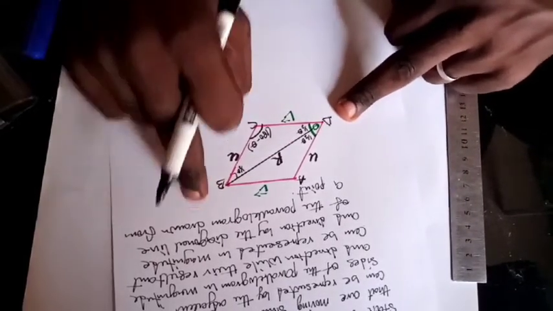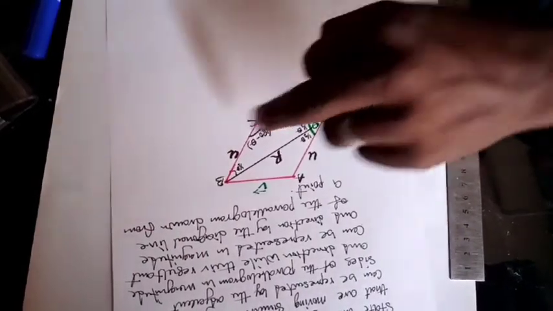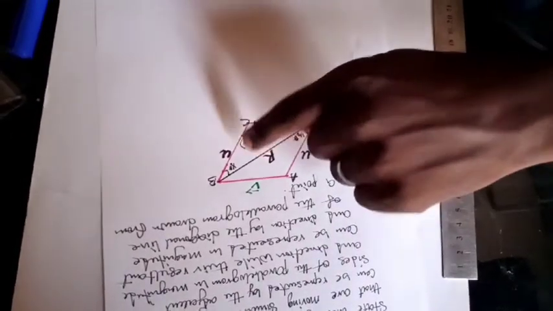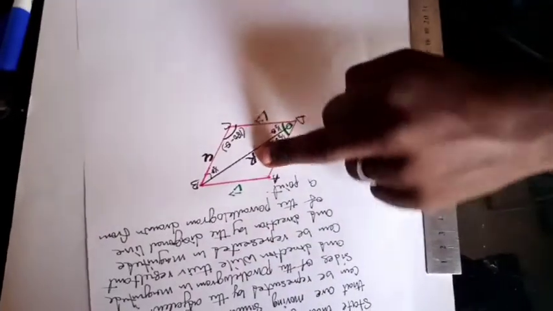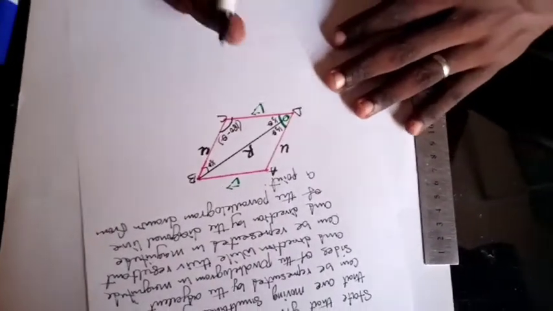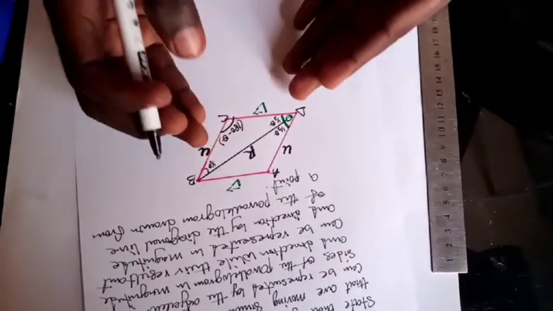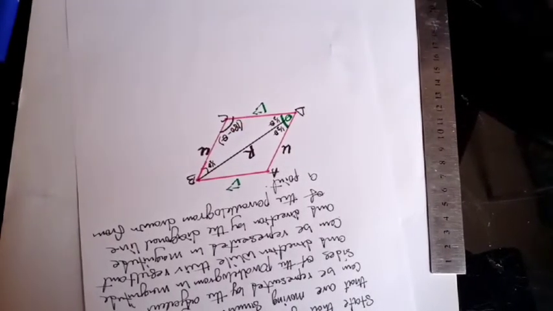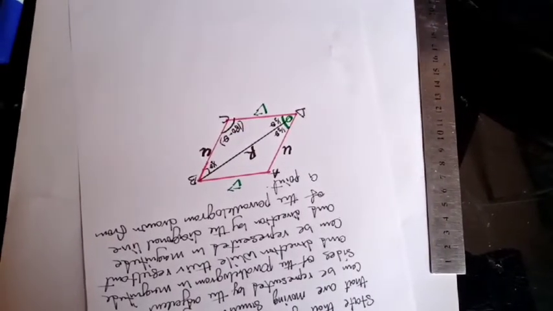If you look at this triangle DCB, I have this side and this side, and I know this angle because 180 minus theta gives me its value. But I'm looking for this side, which is the resultant. Now I can apply the cosine rule because this is not a right angle triangle, so I cannot apply the Pythagoras theorem. And I have just a single angle, not two angles, so I can't use the sine rule.